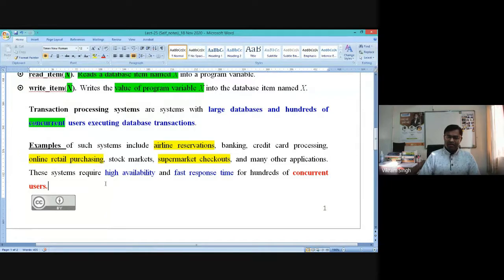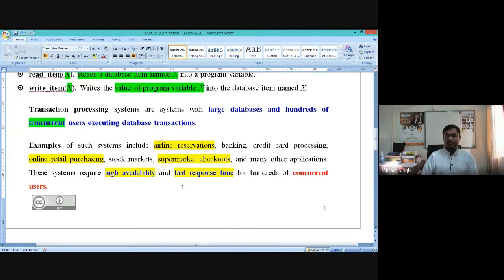Similarly, there are two or three main properties. The first two are that it should be highly available, right? Whenever we think about a transaction processing system, it should be available for the largest number of users, and it should be responsive enough, with a fast response time for each and every user. That is the minimum expectation.